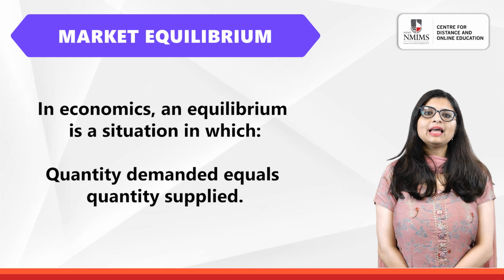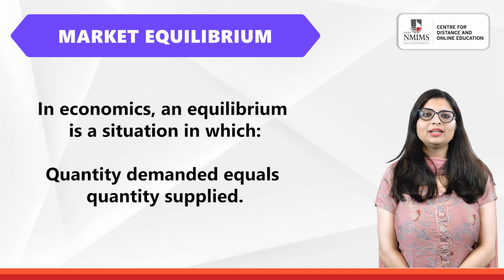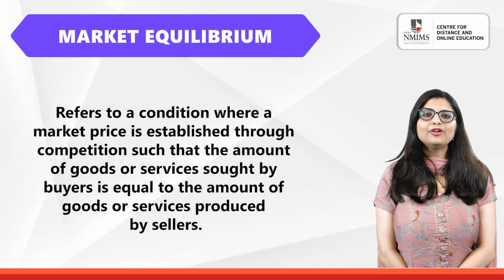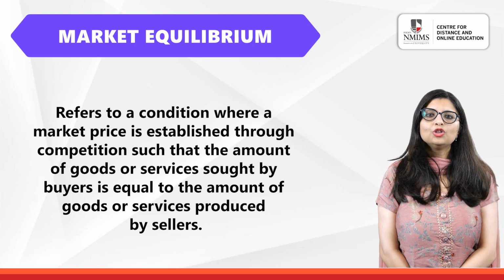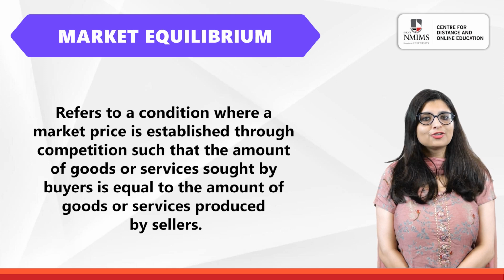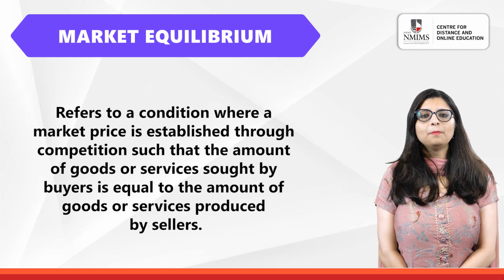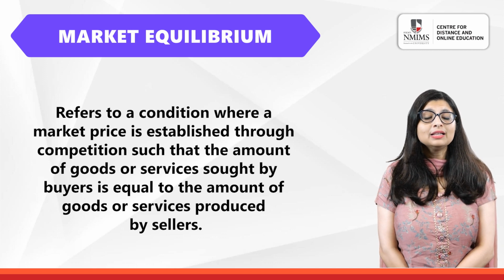In economics, an equilibrium is a situation in which quantity demanded equals quantity supplied. It refers to the condition where a market price is established through competition such that the amount of goods or services sought by the buyers is equal to the amount of goods and services produced by the sellers.